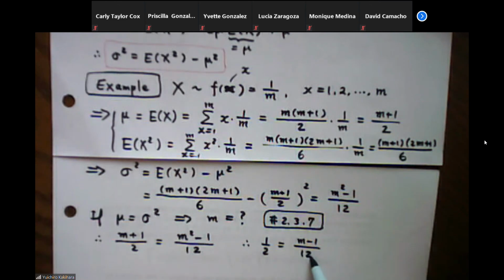Can you see m? Multiply by 12, so times 6. So m minus 1 is 6, so m is 7. In this way we can figure out this number m.